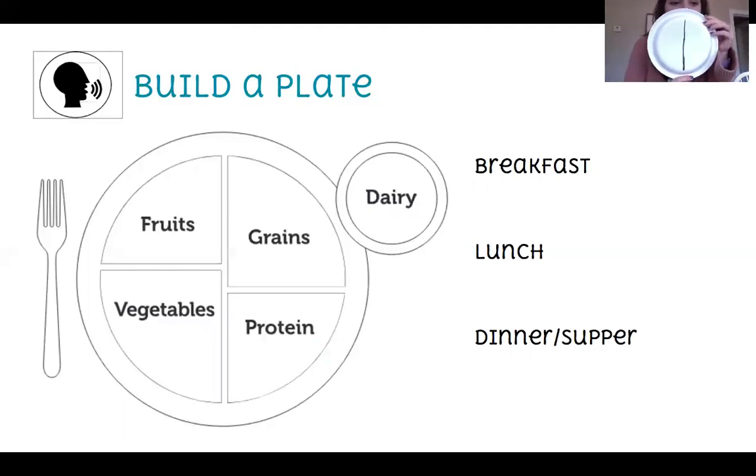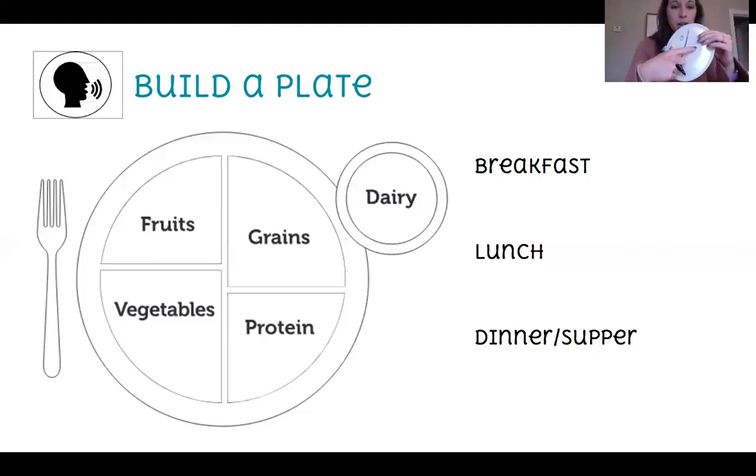The first thing I will do is draw a line to split my plate in half. And remember, half of our plate needs to be fruits and vegetables. F, fruits, V, vegetables.